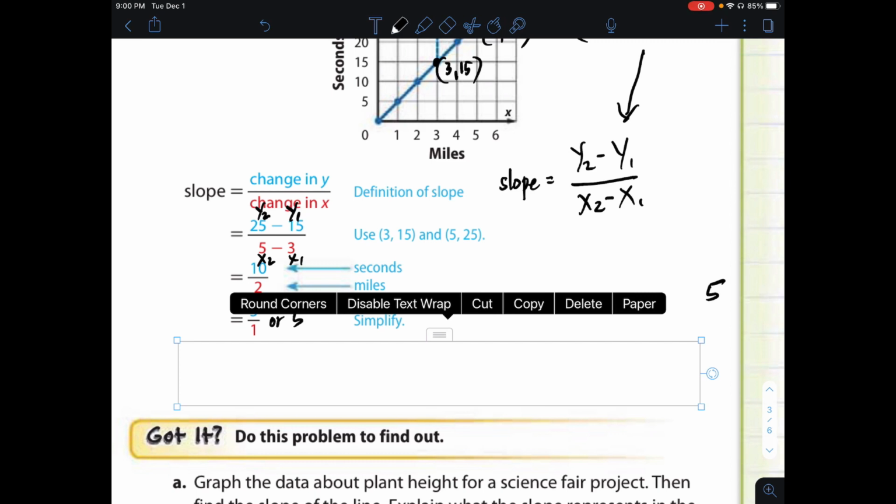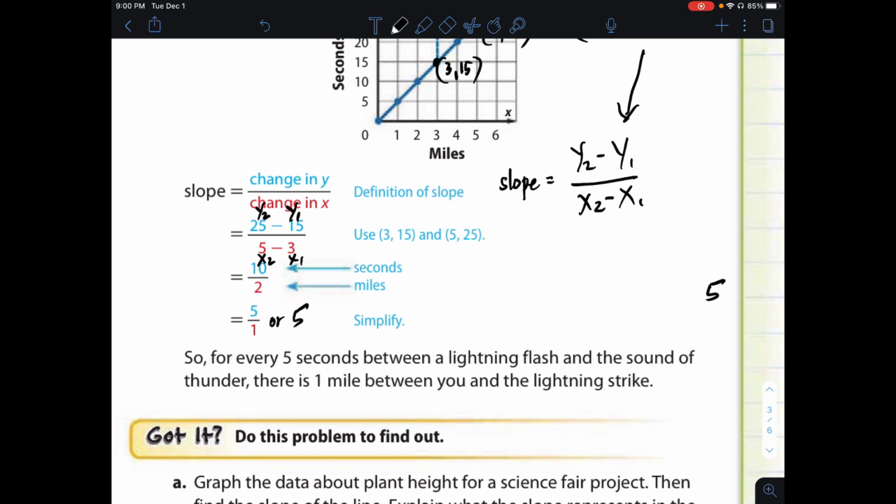Now, what does that mean? What does this slope 5 over 1 mean? It simply means that for every 5 seconds between a lightning flash and the sound of thunder, there is 1 mile between you and the lightning strike.